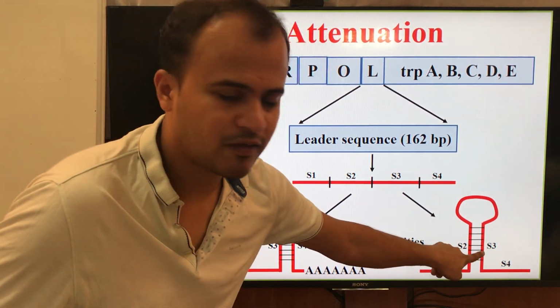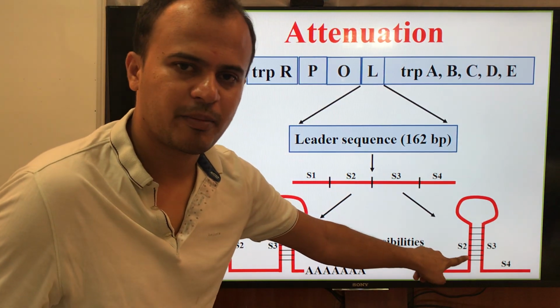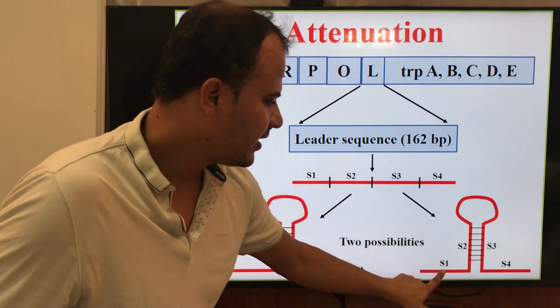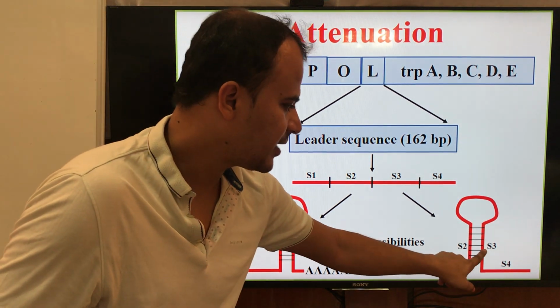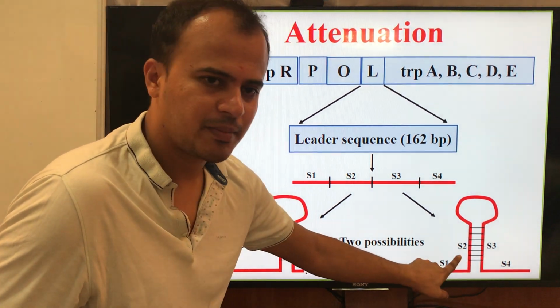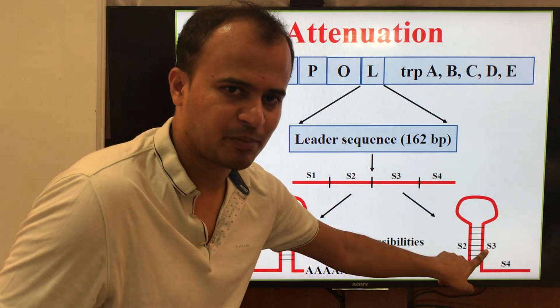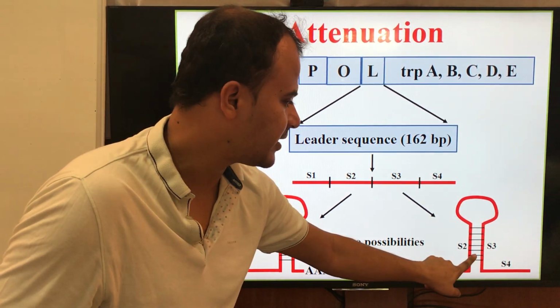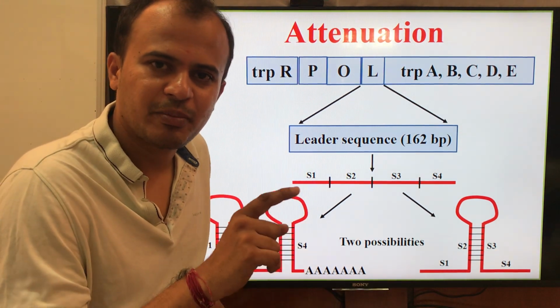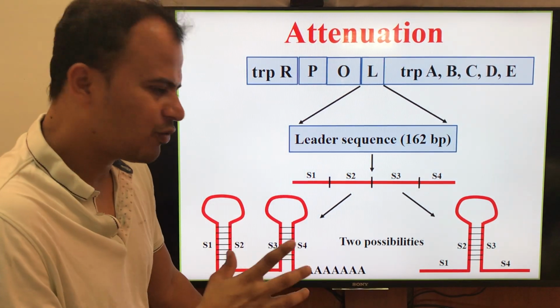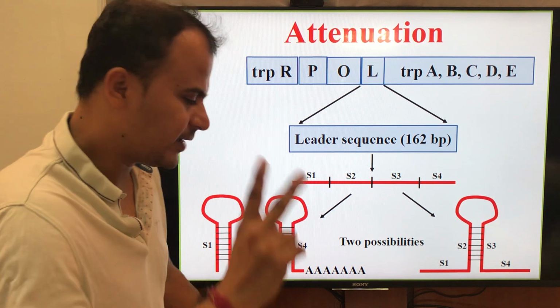Parallelly, if S2 is involved in the self-complementation, making the complementary base pairing with S3, S1 cannot make complementary base pairing with S2. At the same time, when there is stem loop structure formation between S2 and S3, S3 cannot be involved in the stem loop structure formation with S4. Therefore, there are two possibilities.